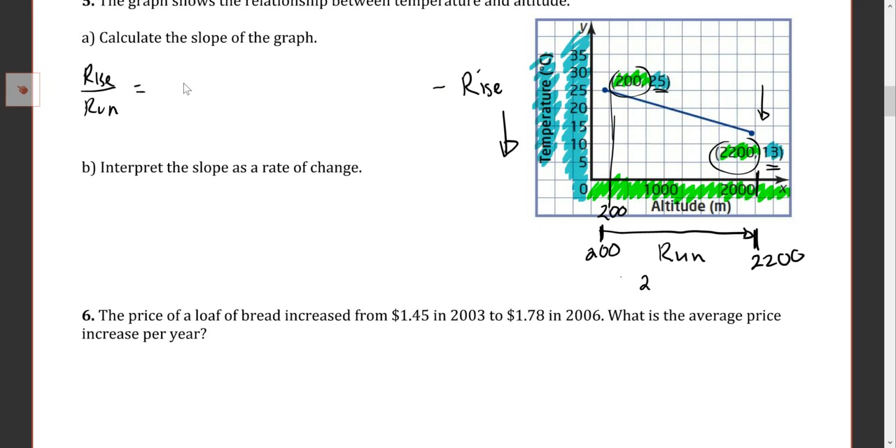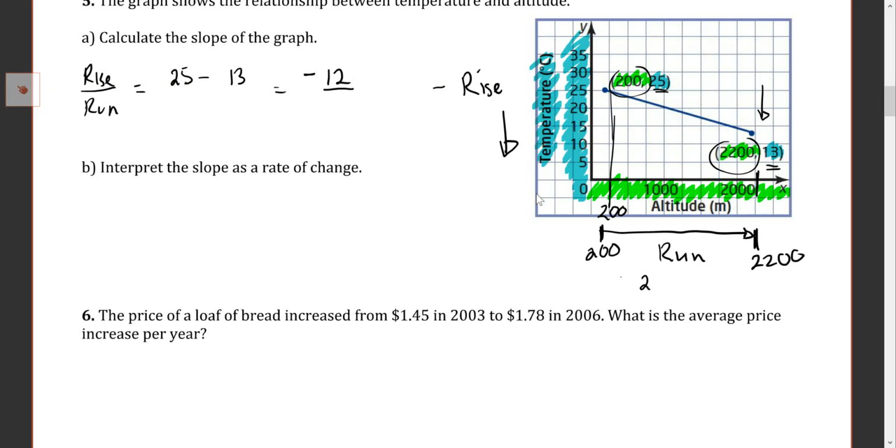So the rise is the difference from 25 minus the 13, and you get the answer 12. But because it's going down, we know it's negative, yeah?